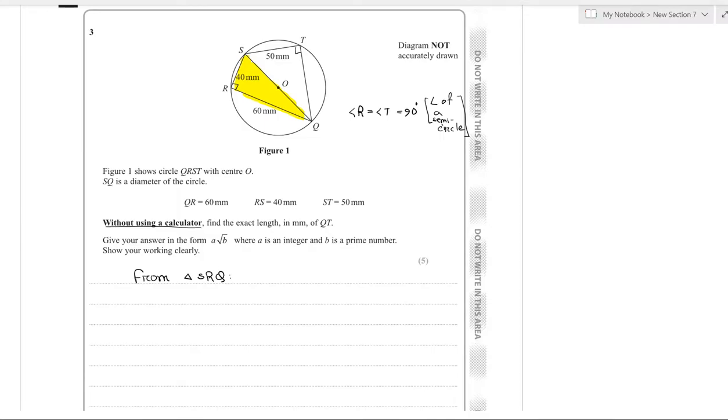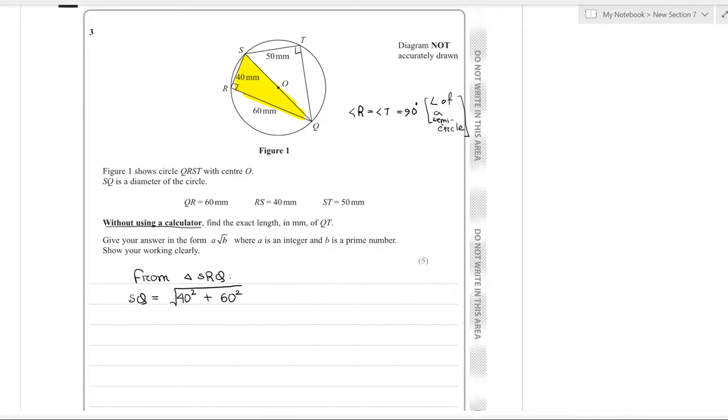So from triangle SRQ, we can see that SQ is the hypotenuse, and SR and RQ are the adjacent and perpendicular sides. So we can find the value for SQ as the square root of 40 squared plus 60 squared. Now we are not going to calculate the value. We're just going to carry this entire term to the next part of our calculation.